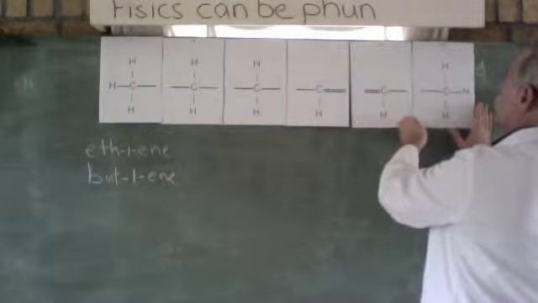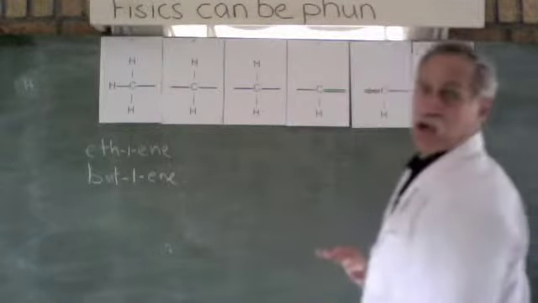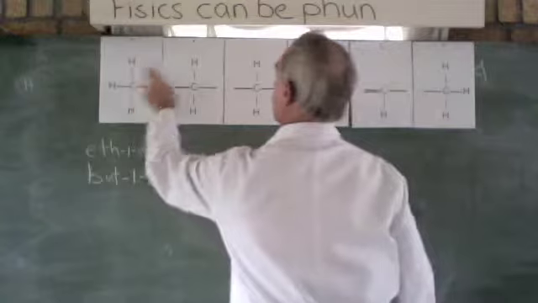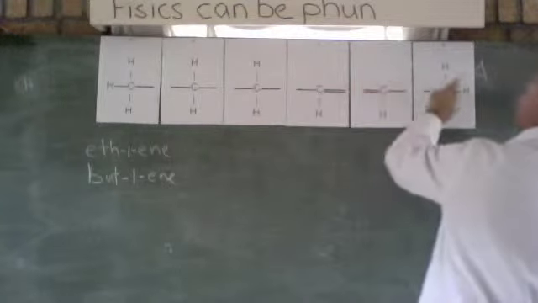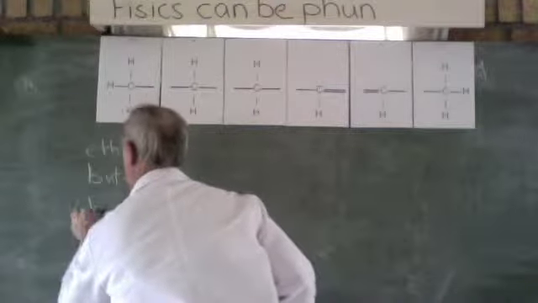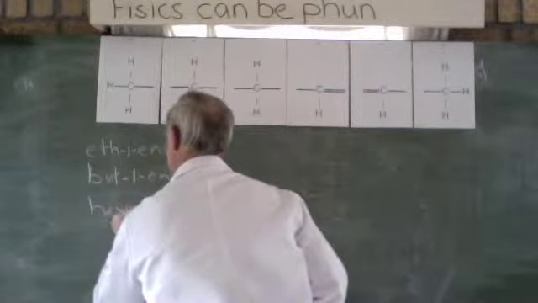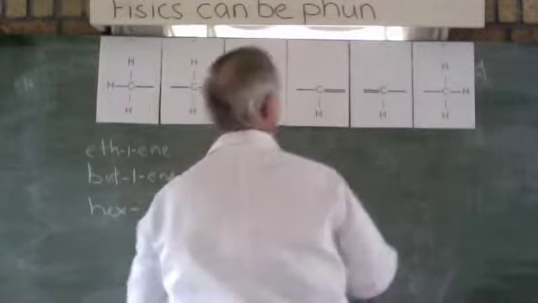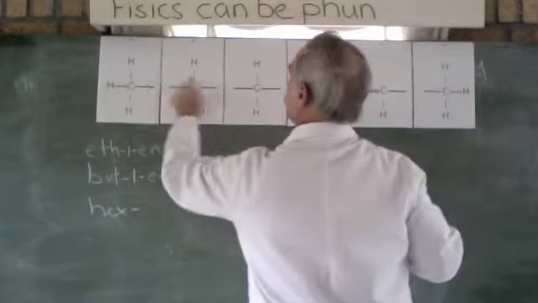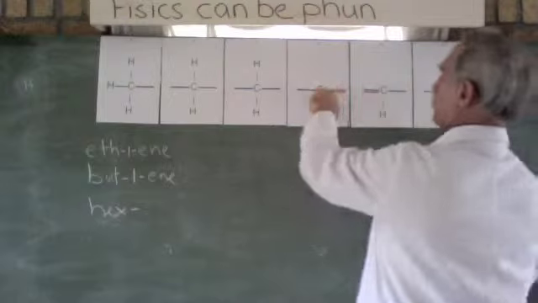We see that's an alkene. There's its functional group. So it belongs to the alkenes. That's what we call the homologous series with a double bond. Okay, let's count the number of carbons. 1, 2, 3, 4, 5, 6 carbons. So 6 is going to be hex. Now what carbon is the double bond on?